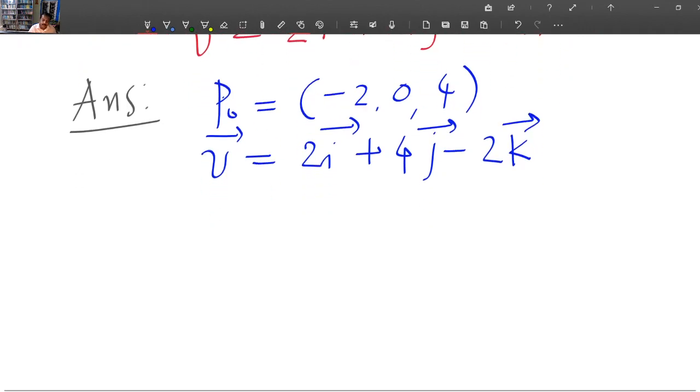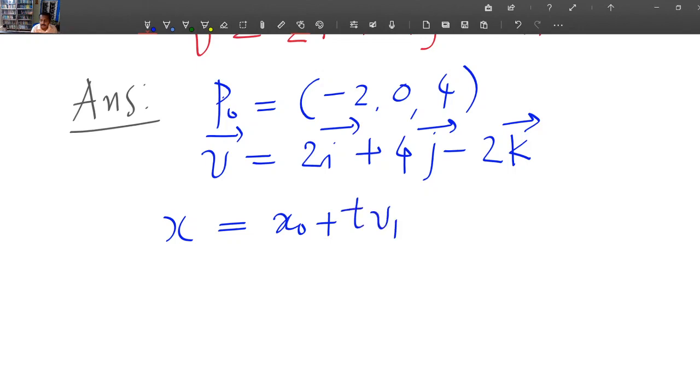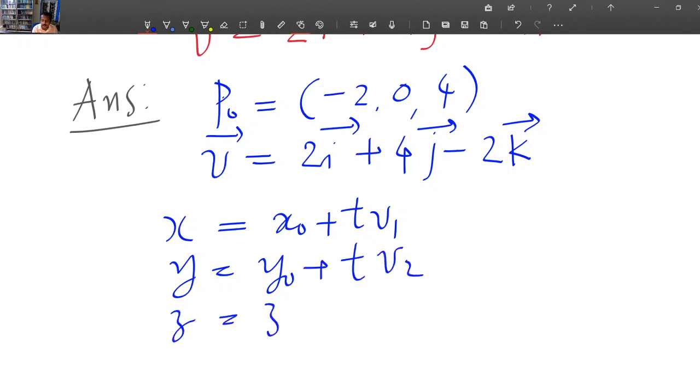You have to find the parametric equation of the line: x is equal to x naught plus tv1, y is equal to y naught plus tv2, and z is equal to z naught plus tv3. This is the parametric equation, where minus infinity less than t less than infinity.